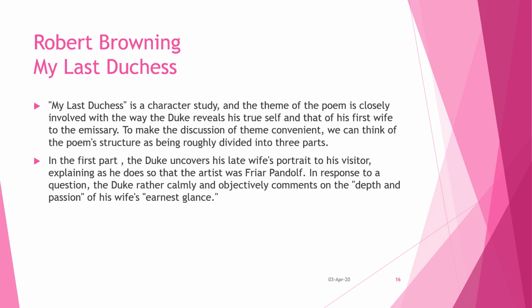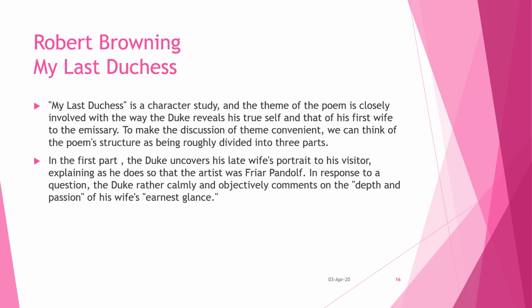My Last Duchess is a character study, and the theme of the poem is closely involved with the way the Duke reveals his true self and that of his first wife to the emissary. To make the discussion of theme convenient, we can think of the poem's structure as being roughly divided into three parts.